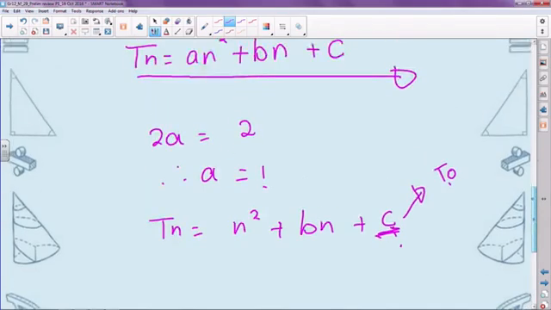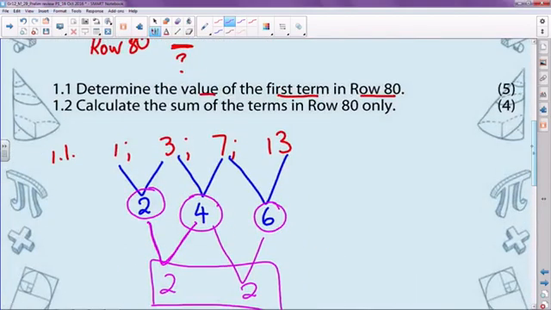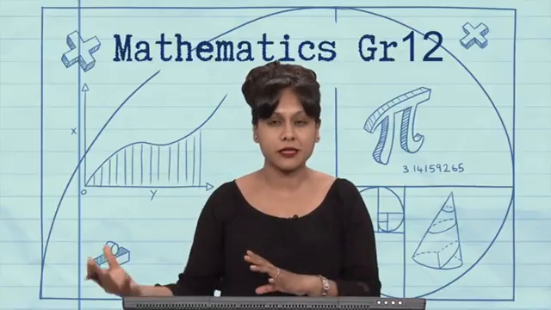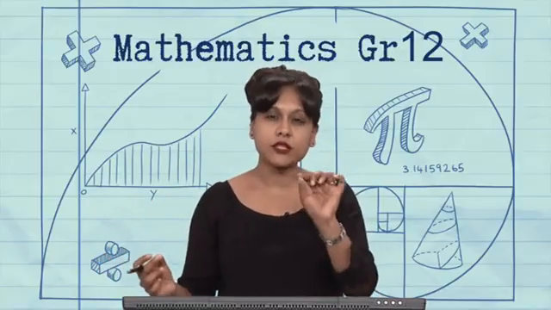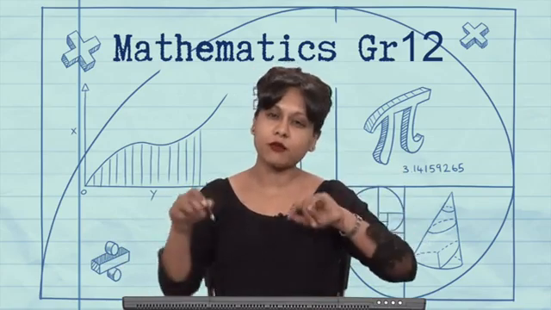Term naught is the term that comes before term 1. So this is term 1, term 2, term 3. So term naught will be the one that comes before term 1. And term naught will have the exact same value as c in your quadratic sequence, an squared plus bn plus c. Okay, so what I do is I work out term naught by working backwards.